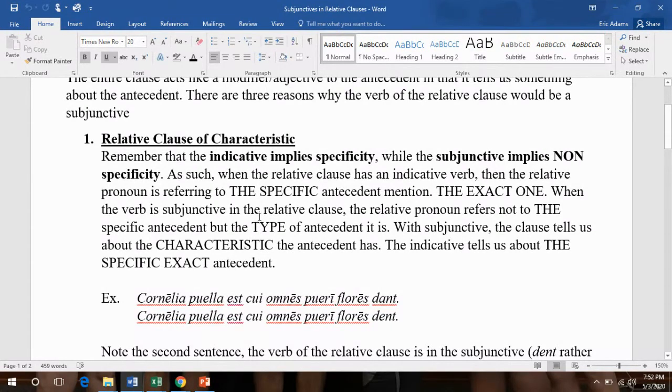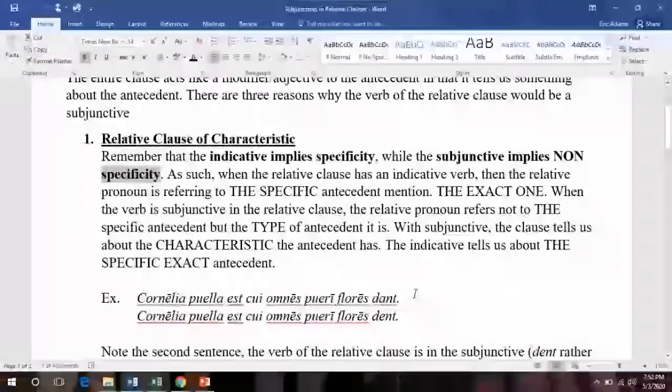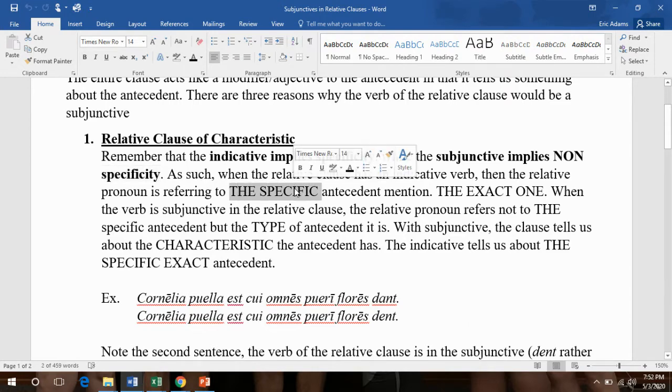Now, if you remember that indicative implies specificity, and subjunctive implies non-specificity, you understand the nature of the relative clause of characteristic. When the relative clause has an indicative verb, then the relative pronoun is referring to the specific antecedent mentioned, the exact one.